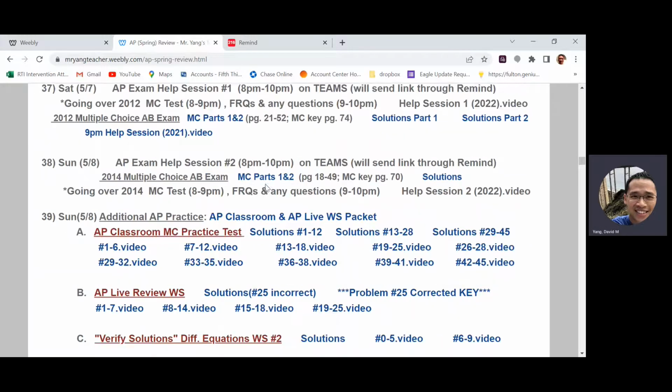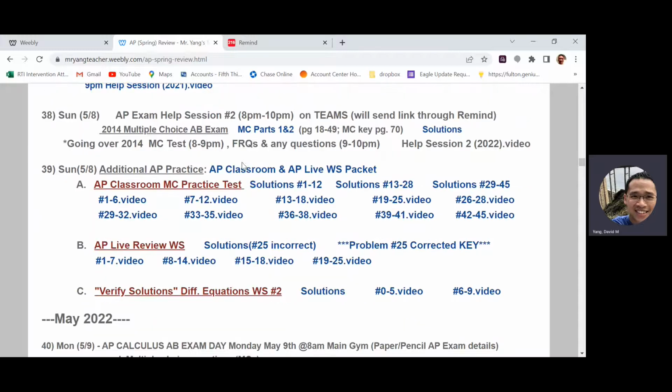Okay, on Sunday, I will have a help session on Teams as well. I will send out a link to that and record that Teams session as well. I'll be going over 2014 multiple choice, but this is a last minute thing. So if you have any other questions from any of the packets, I can help answer that as well.